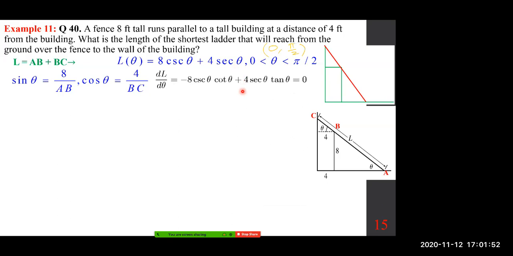We have to set this equal to 0 and solve. So we can take this one to the other side. Everybody becomes positive, divide by 4. So again, we are moving negative 8 cosecant theta cotangent theta to the other side, dividing both sides by 4, and this is what we get.